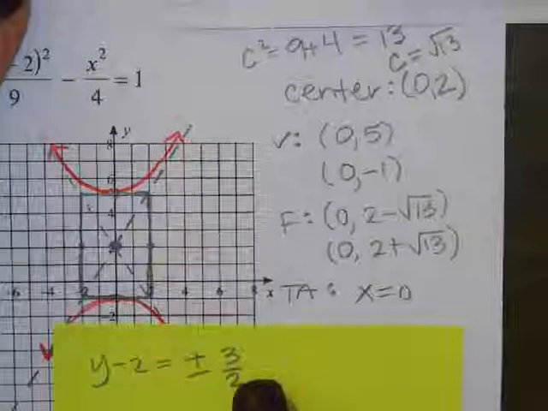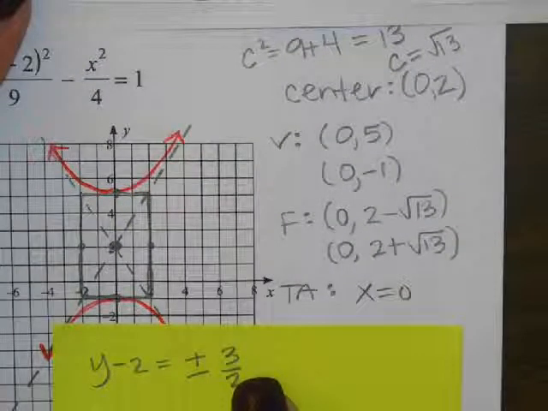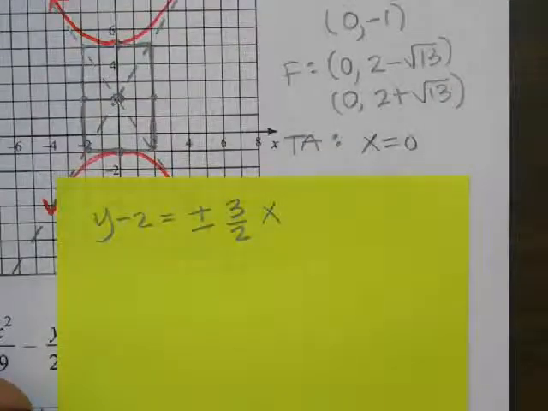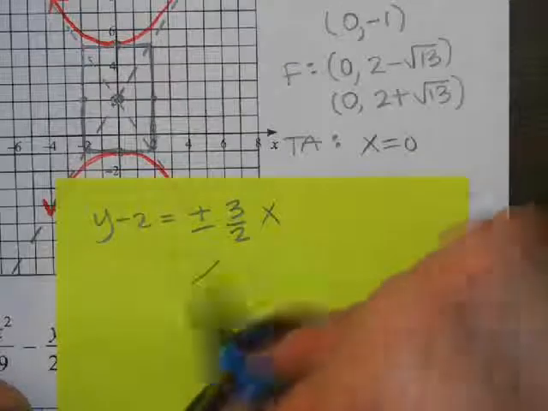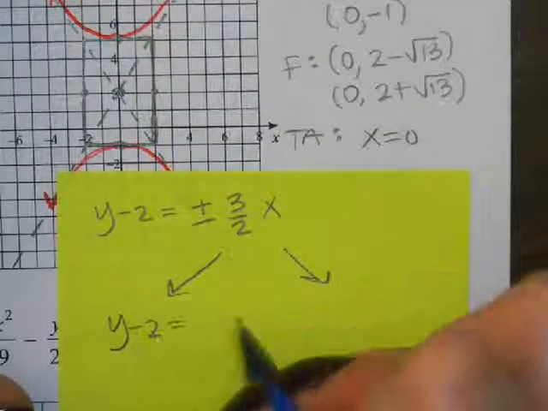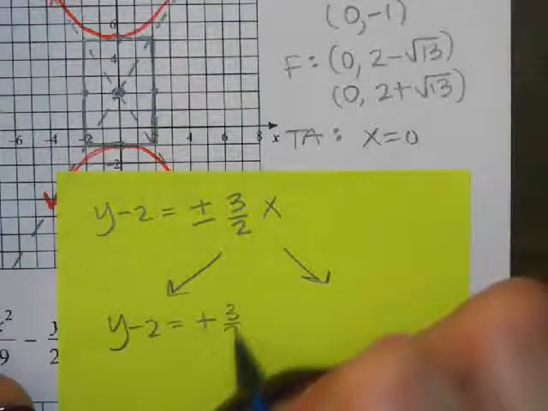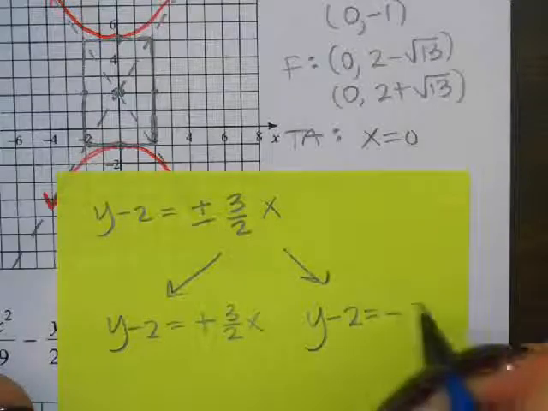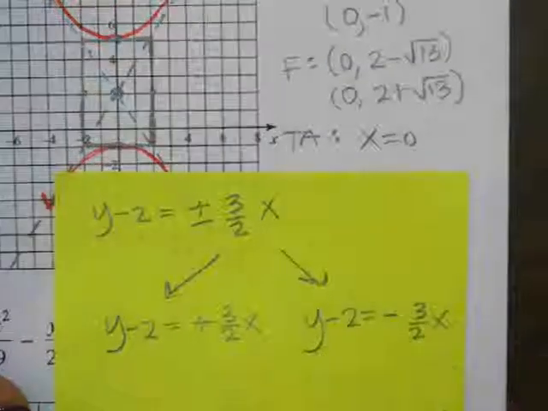And then we have the x parentheses, which this time isn't really a parenthesis, it's just x. So we have 2 options. We have y minus 2 equals positive 3 over 2 x, and we have y minus 2 equals negative 3 over 2 x.